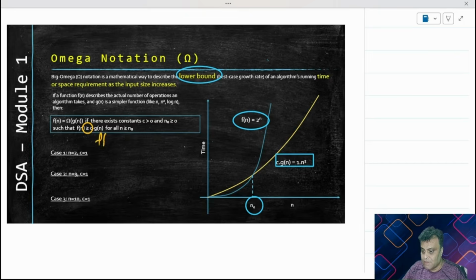Let us see what our f(n) is. Our f(n) is 2 to the power n, and our c·g(n) is 1·n cube. So for case 1, n equal to 2, c equal to 1. If n is equal to 2, then this becomes 2 to the power 2, and this becomes 2 to the power 3.